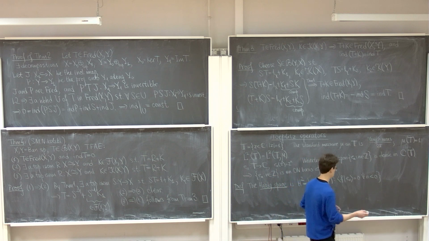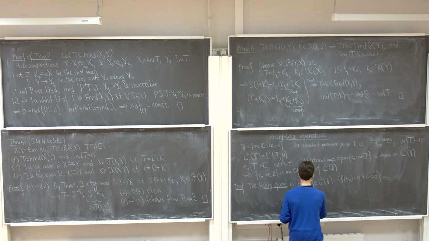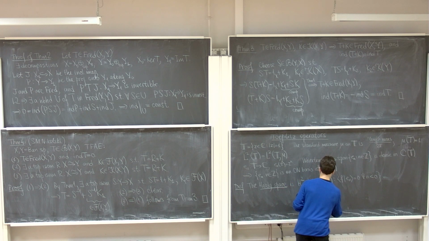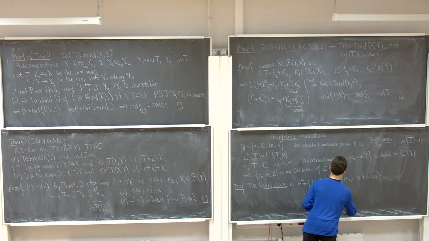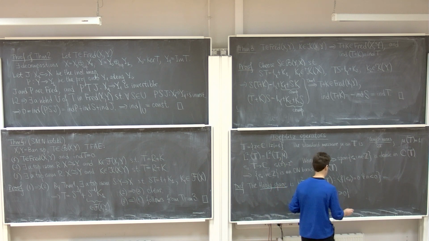Or equivalently, this is the closure of the linear span of all the functions e_n, where n is non-negative. So this is a closed vector subspace of L2 of T.